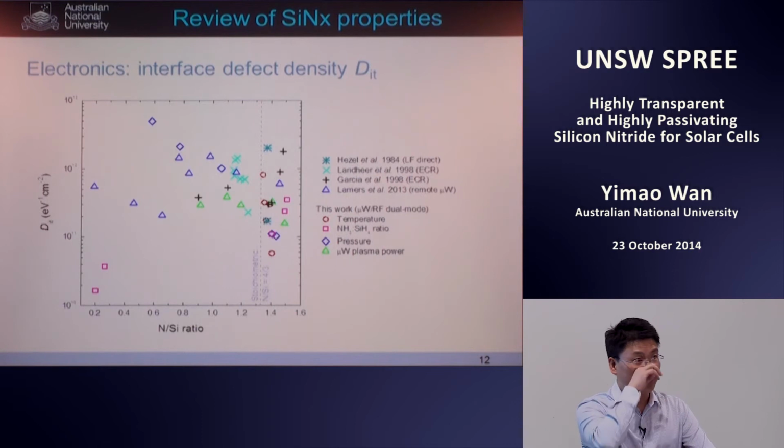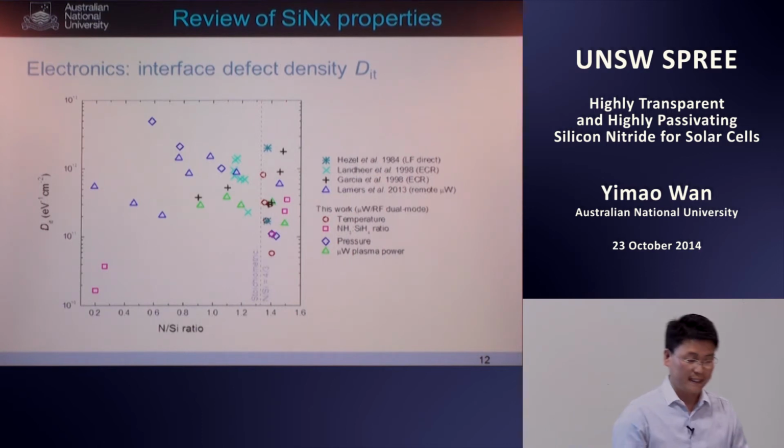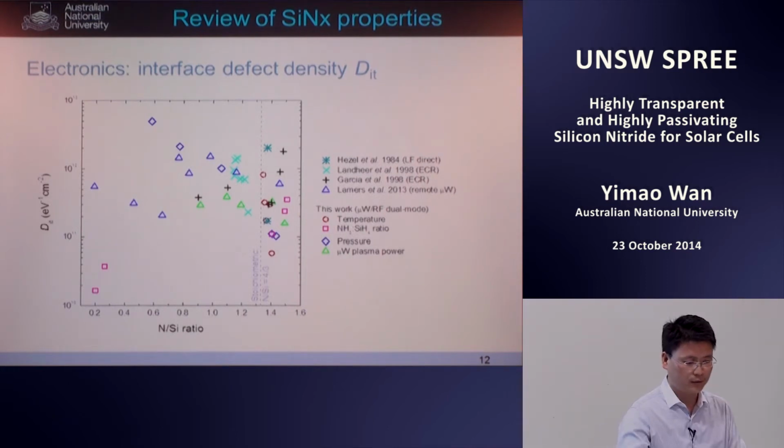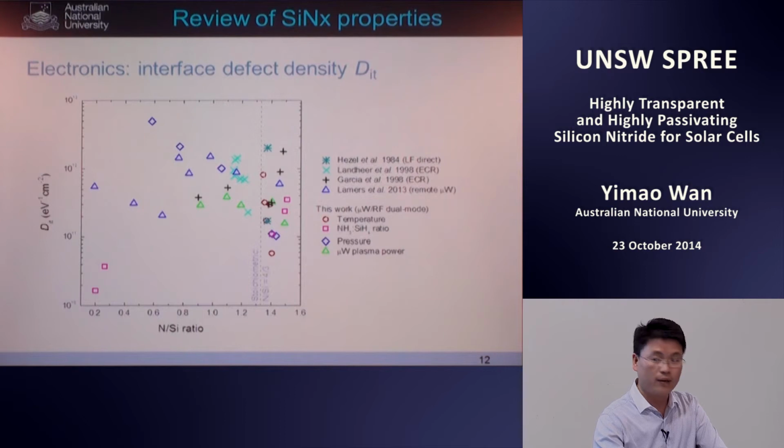And the second property is the interface defect density. I can't find too much literature work for the Dit for silicon nitride, but there are still four here. And my results from the Dit measurement from my work are also included.